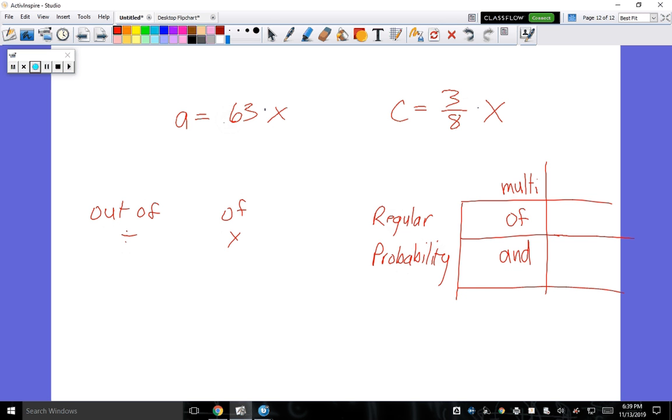In regular math, addition, what do you think the word is to add? What do you think? It's and. Okay? Notice in probability, and means to multiply. But in regular math, and means to add.